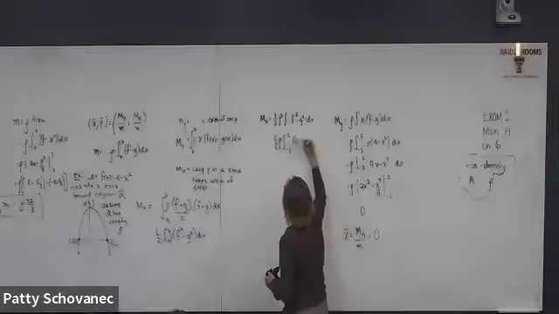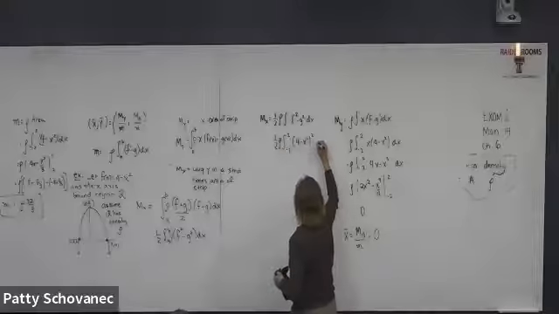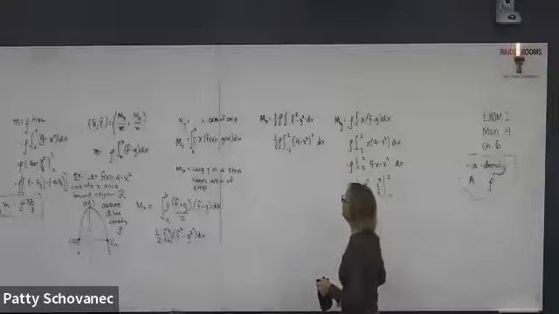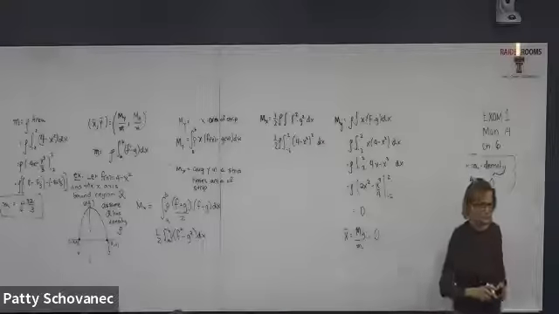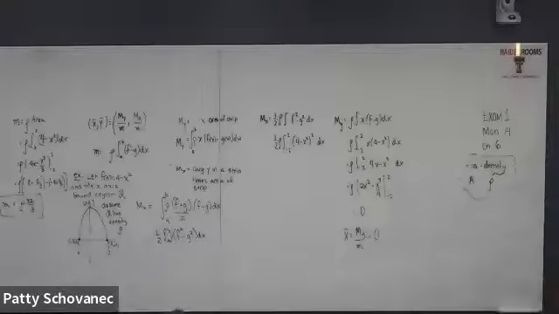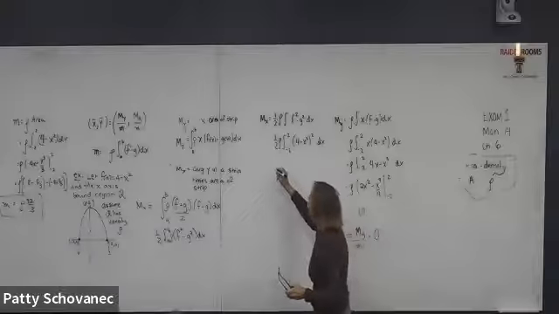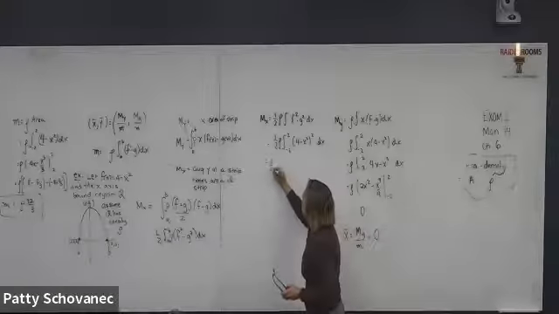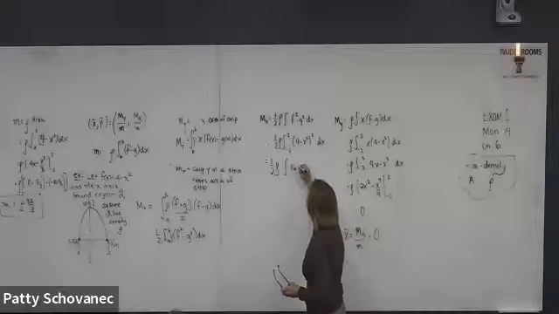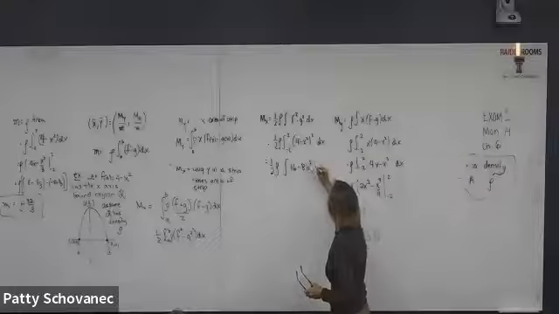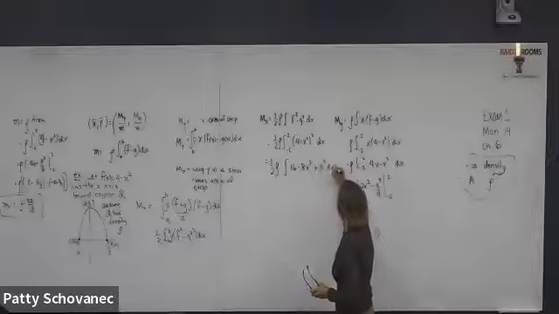So I'm gonna take 4 minus x squared and square it. Then integrate it. When you square, you get 16 minus 8x squared plus x to the 4th. I may have said minus.